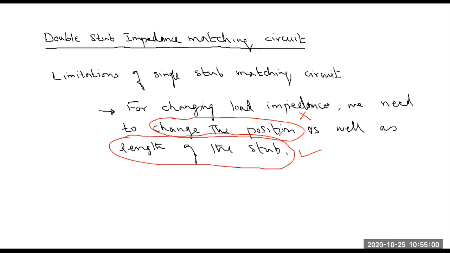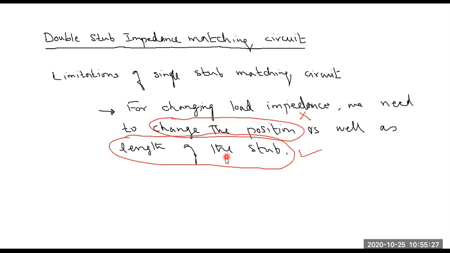So we need some other type of stub matching circuit. Of course, in practical circuits, you will be dealing with situations in which the load impedance is changing. So for that type of situation, we need some kind of impedance matching circuit where we don't need to change the position of the stub.